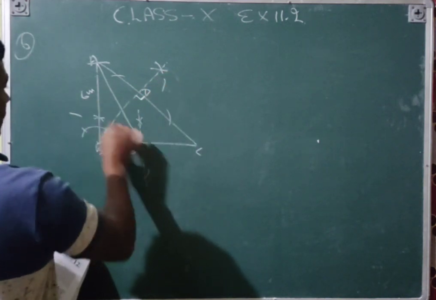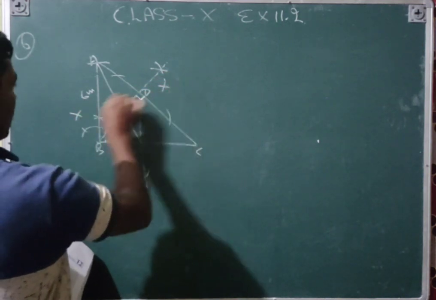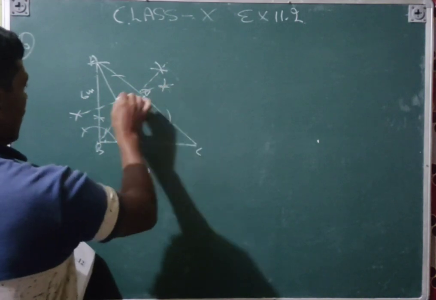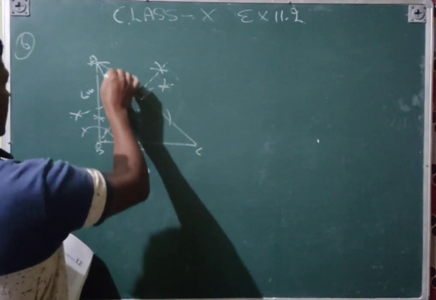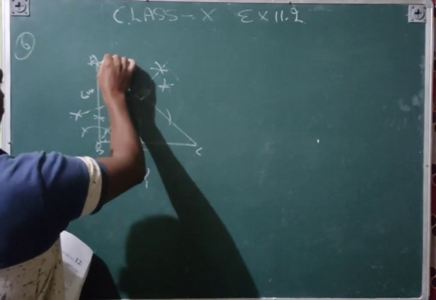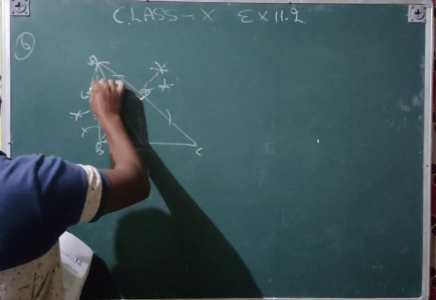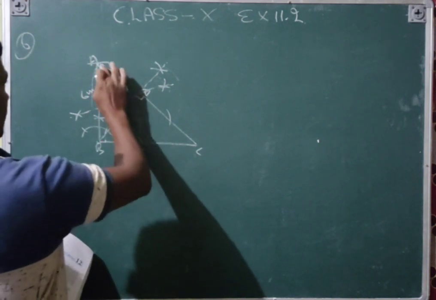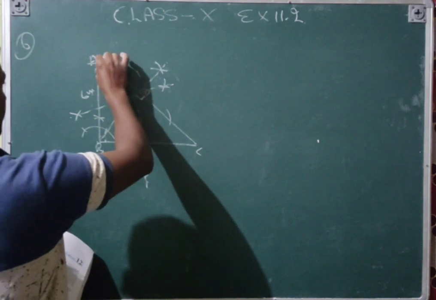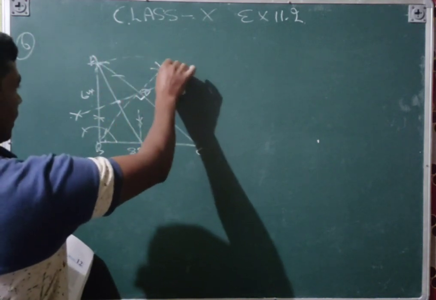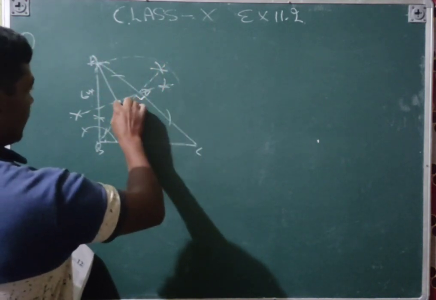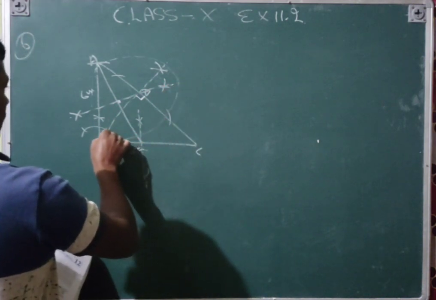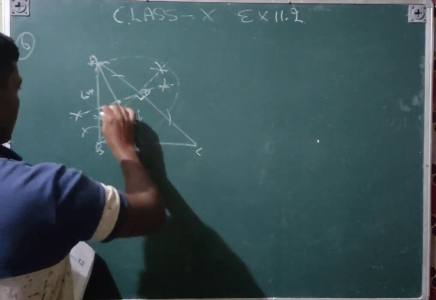From this point, and then from there you will draw the circle, and it must go to point A. This must go from point A. Where is the point? This is the point.